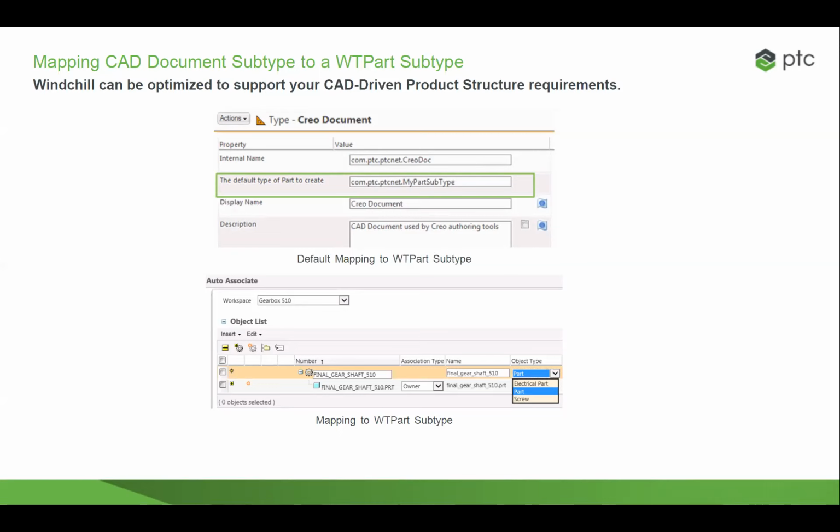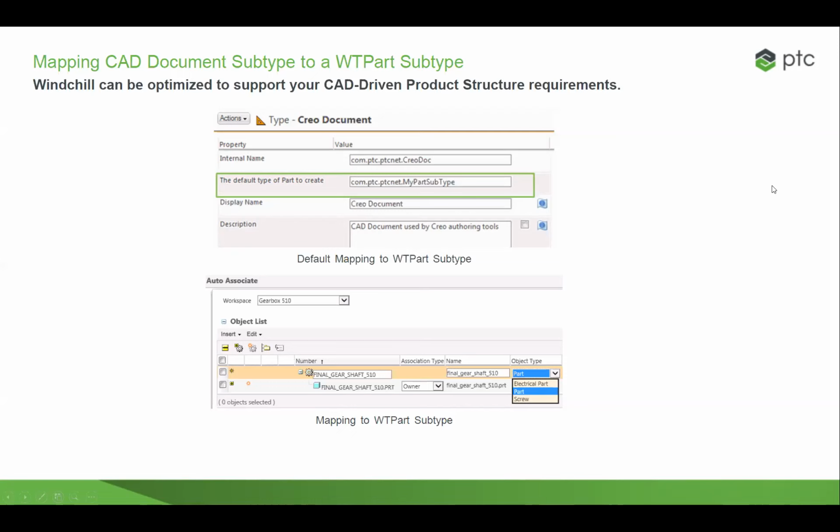That's what you can see on the upper part of the UI, where we have an entry called the default type of part to create, which sets the specific part type related to the specific CAD document. That's something that is used by some of our customers, really to tailor specific business behavior for specific CAD models or CAD artifacts. So that's one possibility.